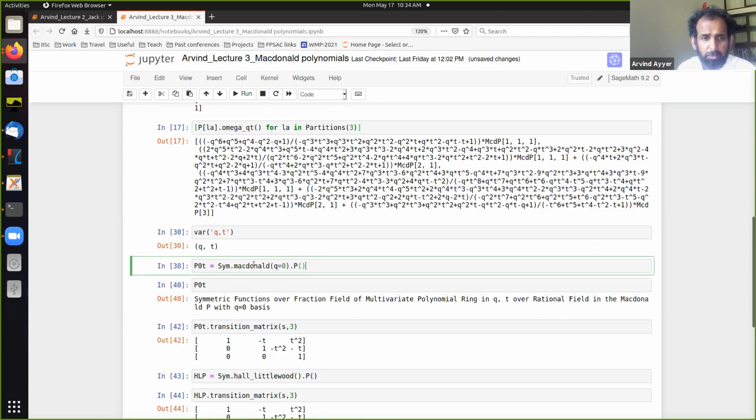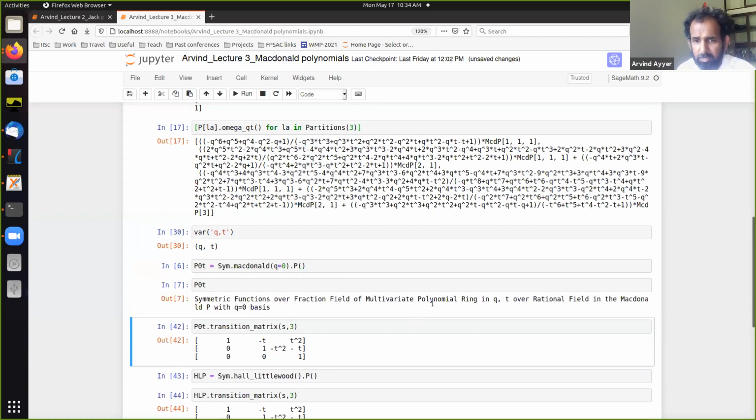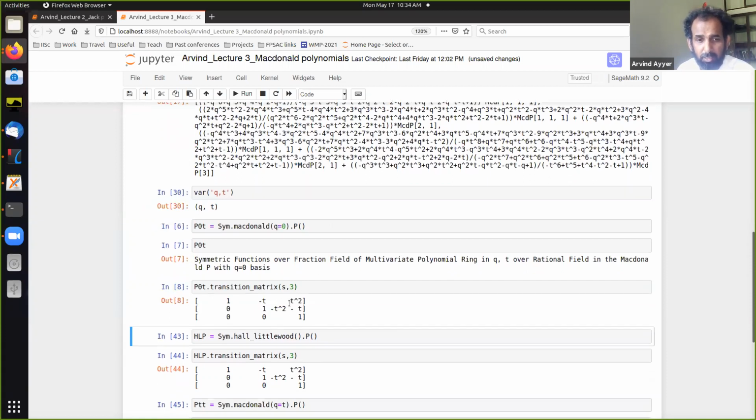So, for example, I define P0T as q equal to 0. So then I get these symmetric functions with q equal to 0, Sage knows. And if I expand those in terms of Schurs, I will get this for size 3, and for comparison, if you look at the Hall-Littlewoods, it's the same.